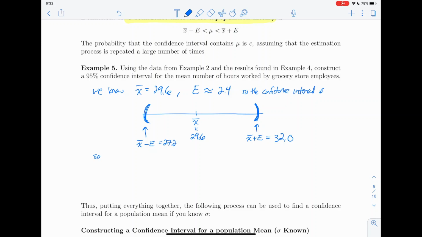So what that means is that by taking a sample size of 40, we are 95% confident that the population mean mu is going to live somewhere between 32.0 and 27.2. It does not mean it has to live there. It might live somewhere else, but we're 95% confident that it will live there.